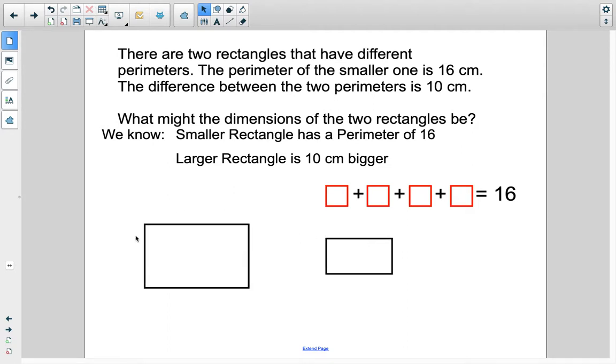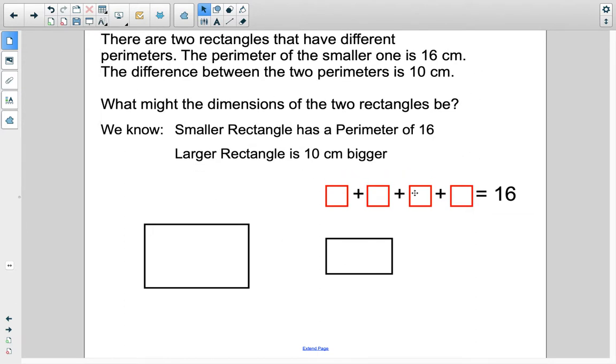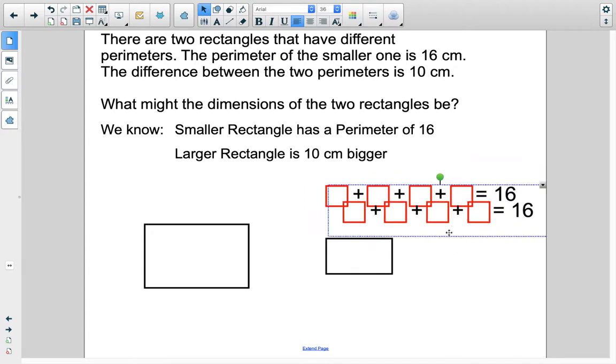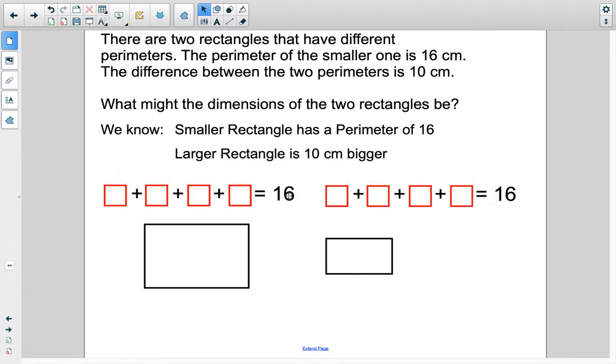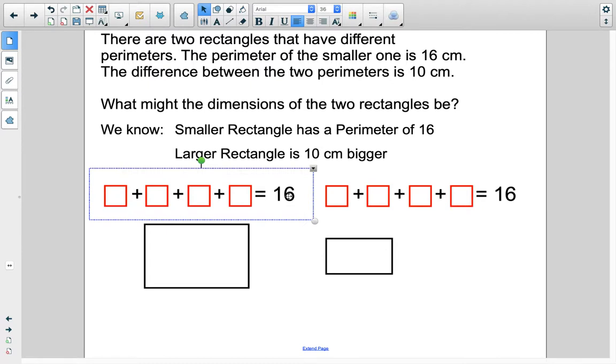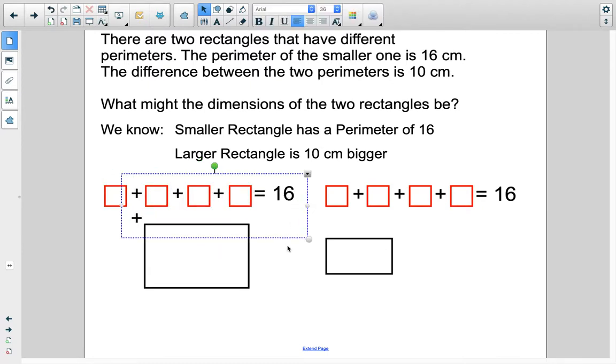The perimeter of this one is 10 centimeters bigger than the other one, which means that I can just add 10 to this, and I'm going to get the perimeter of this. So all I have to do is go, okay, well, if that's the case, then this is going to be equal to 16 plus 10, right?